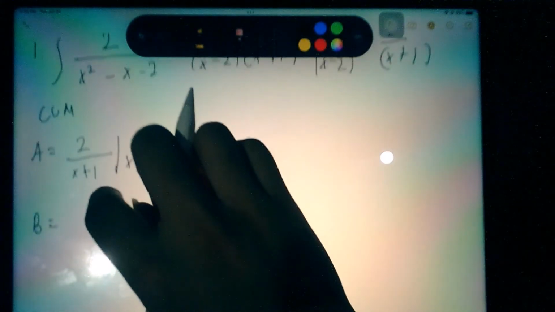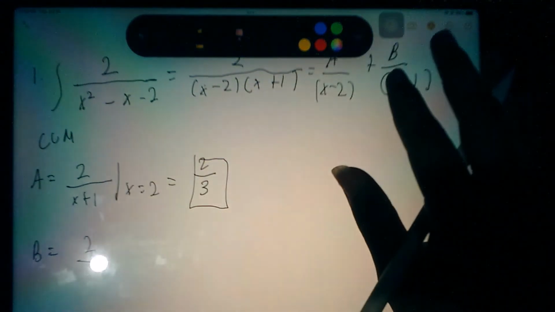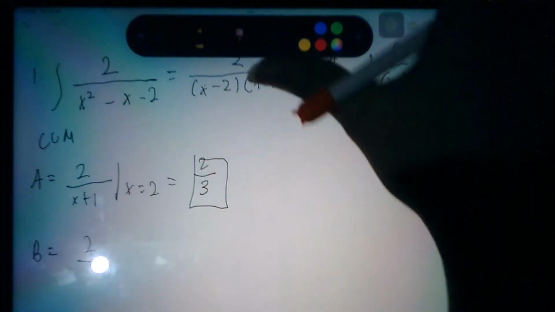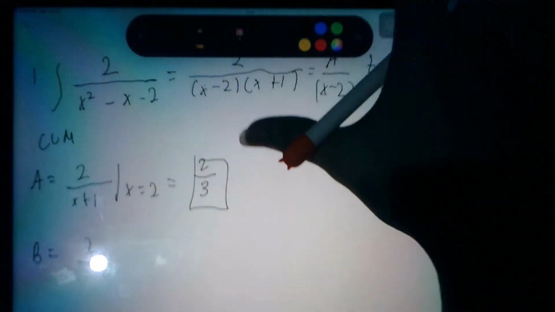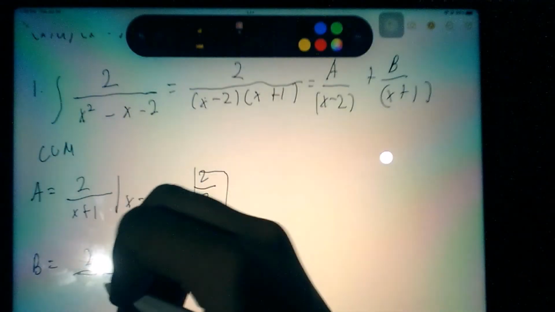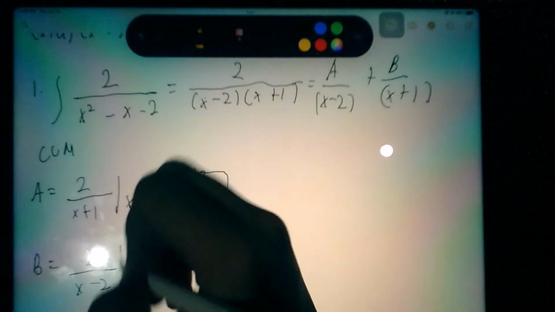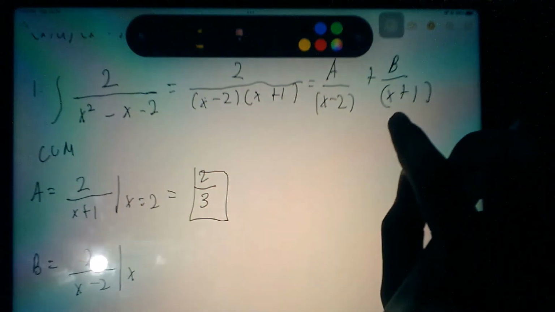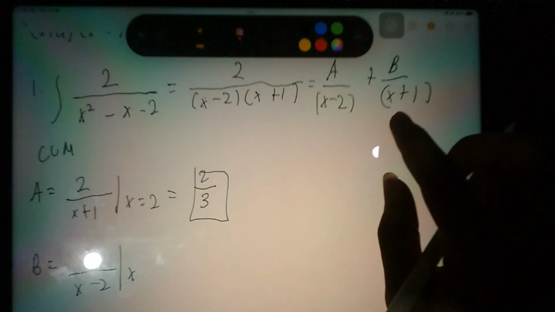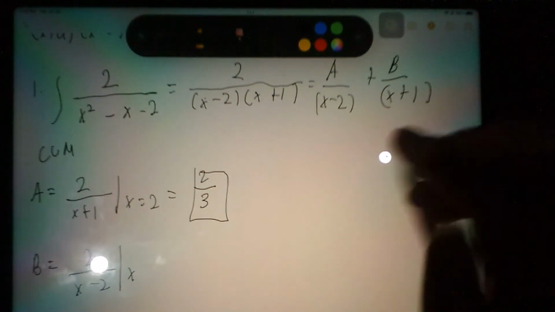So b here is 2 over x plus 1 times x minus 2. We cover up x plus 1, and what will be left is only x minus 2. The value of x here will be the number that makes x plus 1 equal 0, so negative 1 plus 1 is 0.